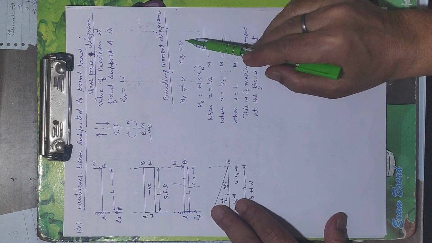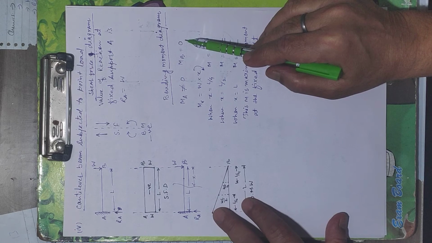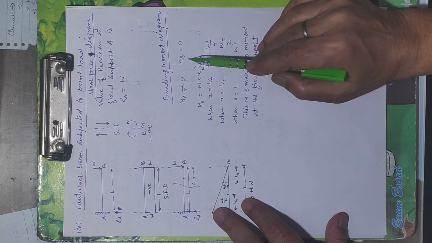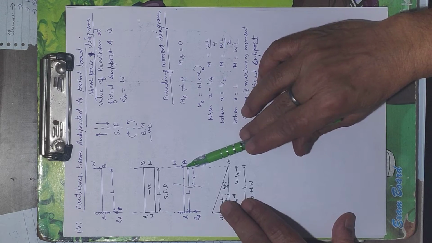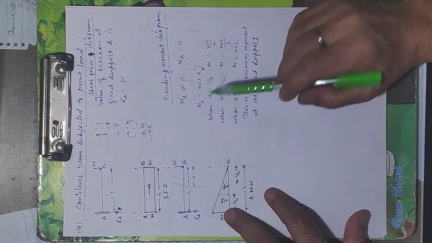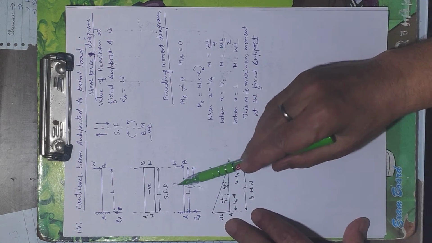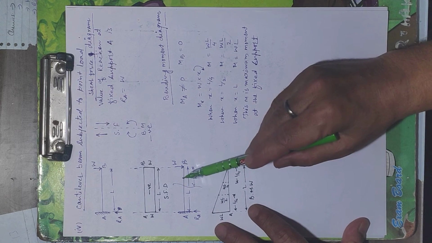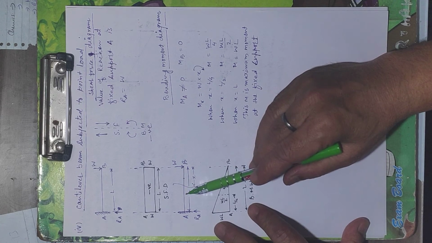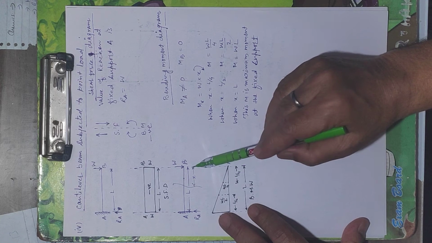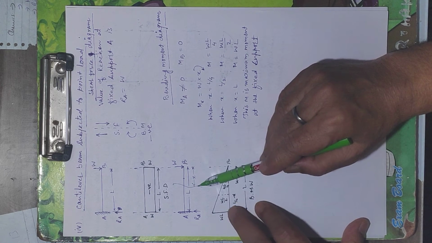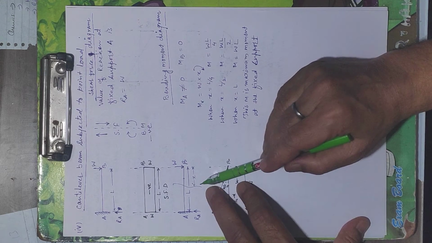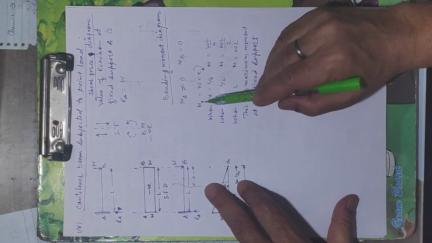MB is 0 because it is free. Now, to calculate the moment at different points, we take a section at distance x. x is variable.